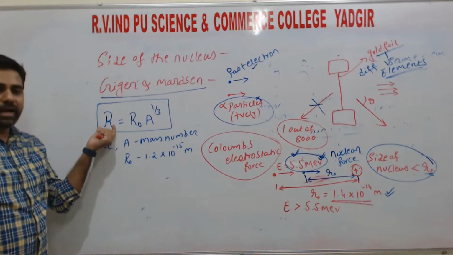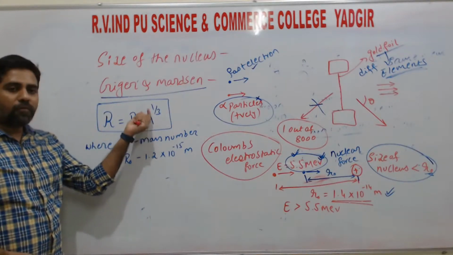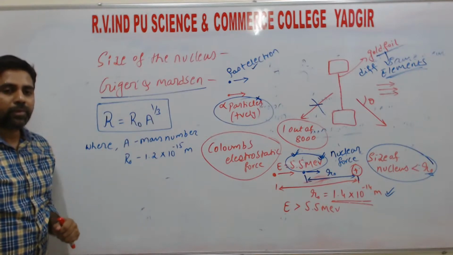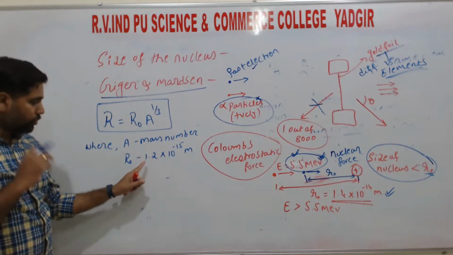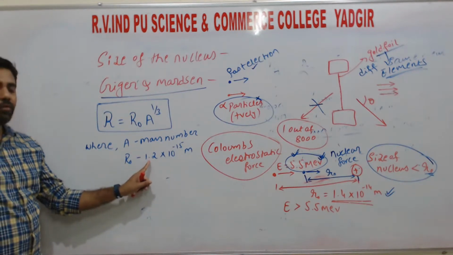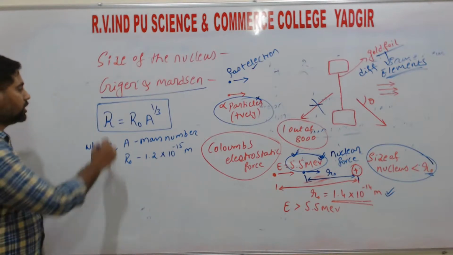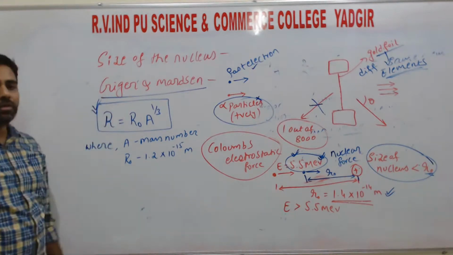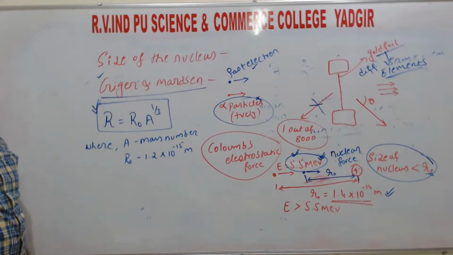Then he got the radius of the nucleus as R equals R naught A to the power of 1 by 3, where A is the mass number and R naught is 1.2 into 10 to the power of minus 15 meter. So this gives the size of the nucleus, which was given by Geiger and Marsden.